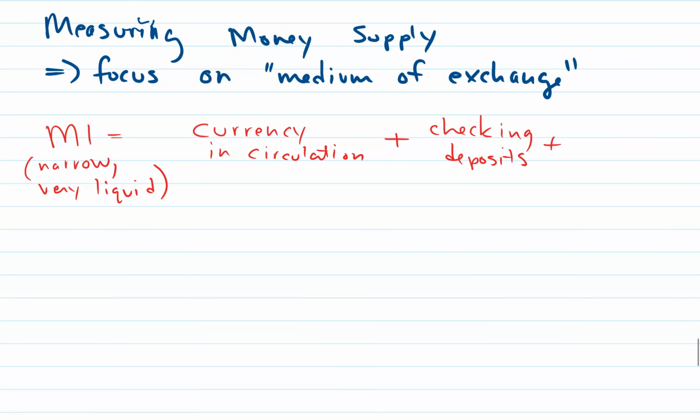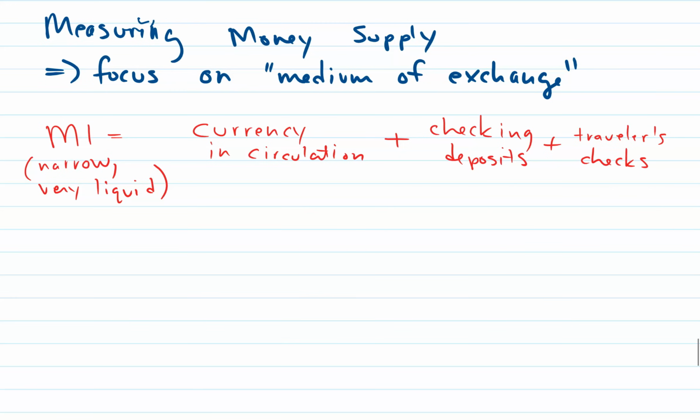And then the third one is traveler's checks. I'll show you the data in a second. Traveler's checks are tiny; almost no one uses these anymore. It'd be interesting to hear if any of you have ever used them, and if so, when.